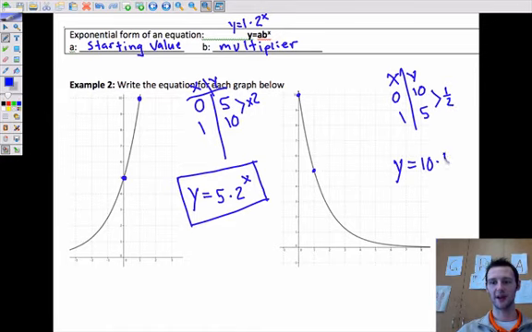So I can do a half to the x. You can write it as 0.5 too if you want. Doesn't matter. So we've got 10 times a half to the x, and that is our equation for this graph. Again, all I did is really just make a table out of it and then repeat the process.